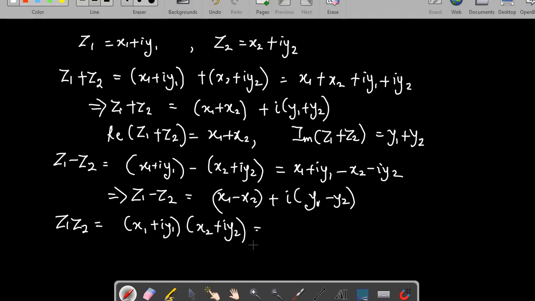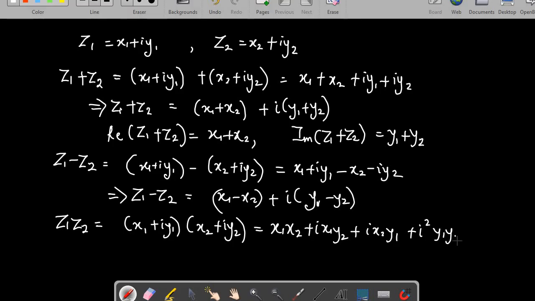This times this, this times this, this times this, and this times this. So you have x1 x2 plus i x1 y2 plus i x2 y1 plus i squared y1 y2.